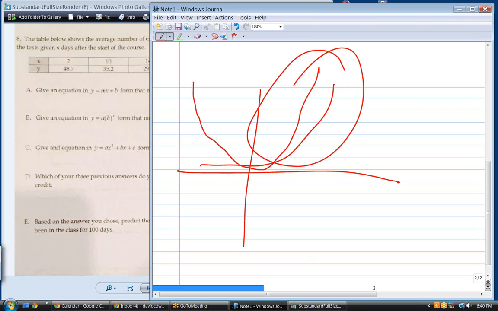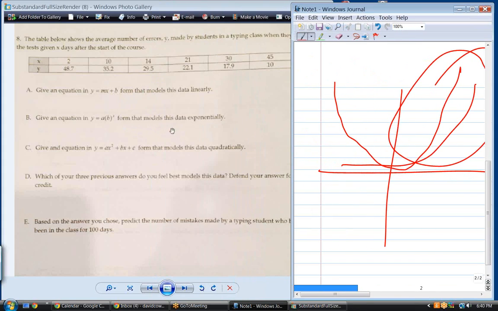Did any of them give you a high R? What was the R score on B? The R square is negative 0.99. That's a good R score. It's the absolute value of the R score that you want. The fact that it's negative merely means this.